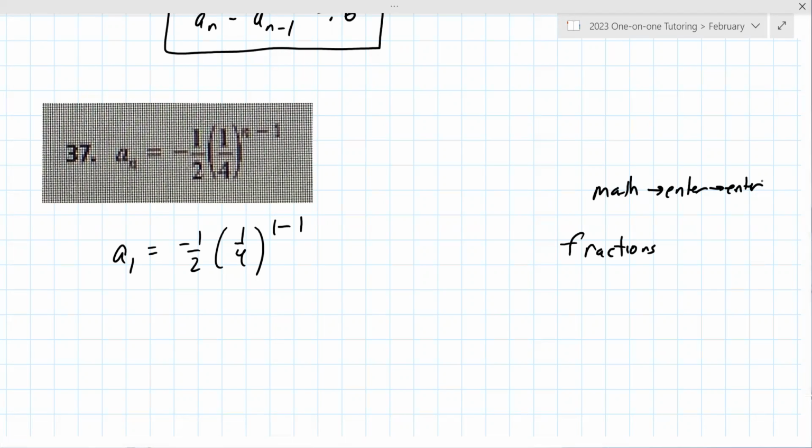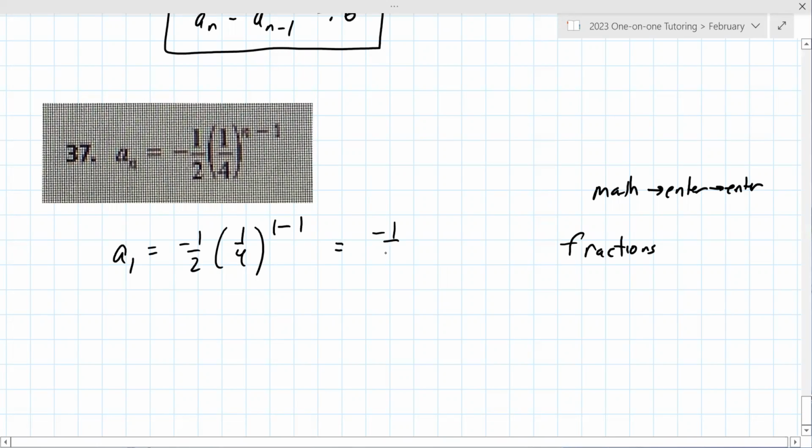So go ahead and give me a few terms here if you don't mind. Let me know what you come up with. I got 0.5, negative 0.5.